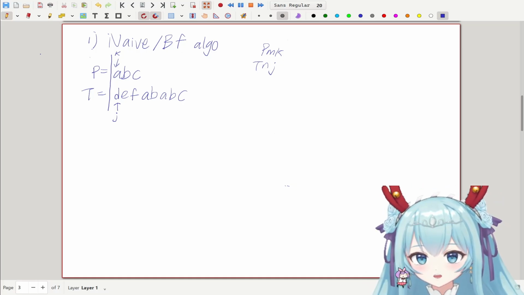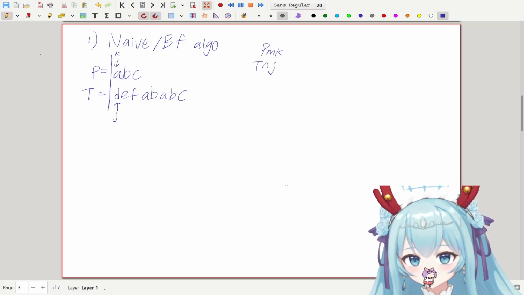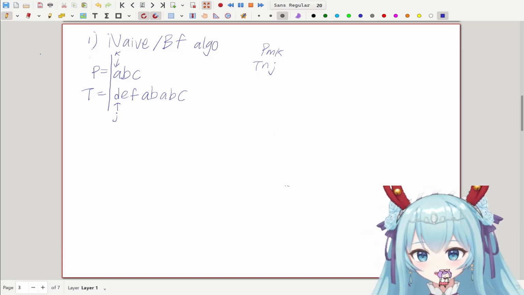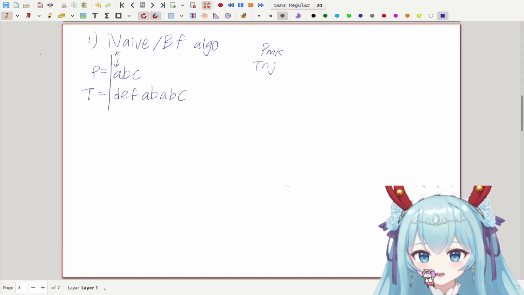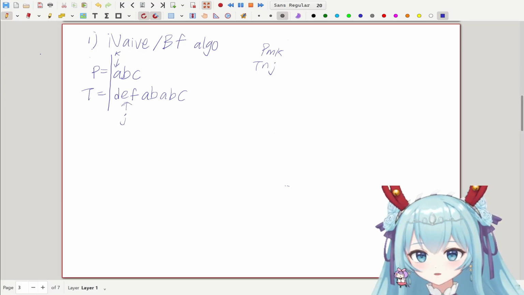So what happens is that we'll move to the next alignment, aka the next window in T. So now, instead of J being here, J will now be over here.